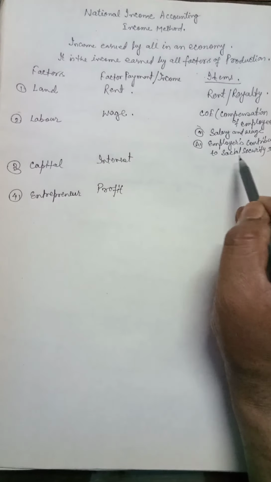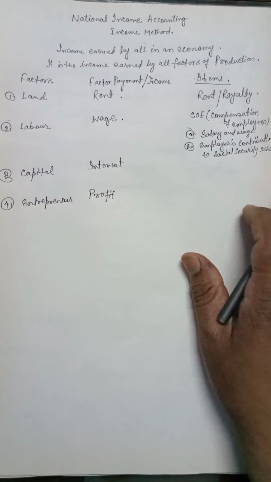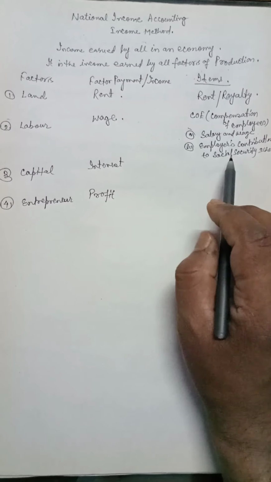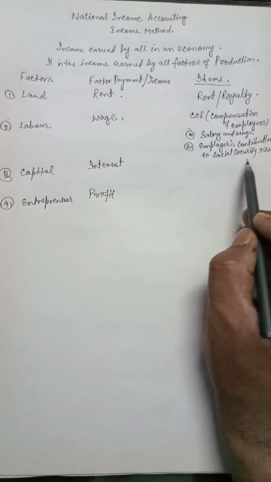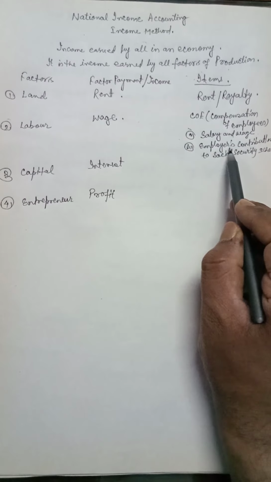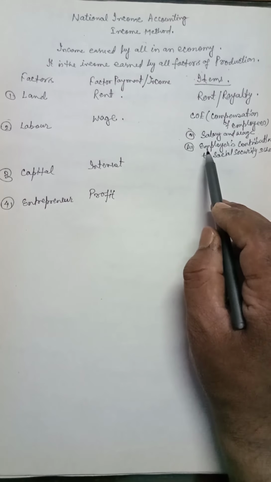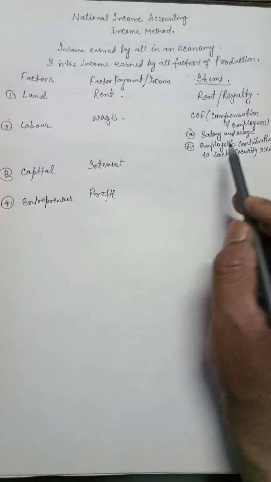Employers' contribution to social security scheme, or provident fund, we can use in different way also. It can be called as provident fund, but it will always be employers' contribution. Never get confused with employees' contribution. Only you have to include the employers' contribution.